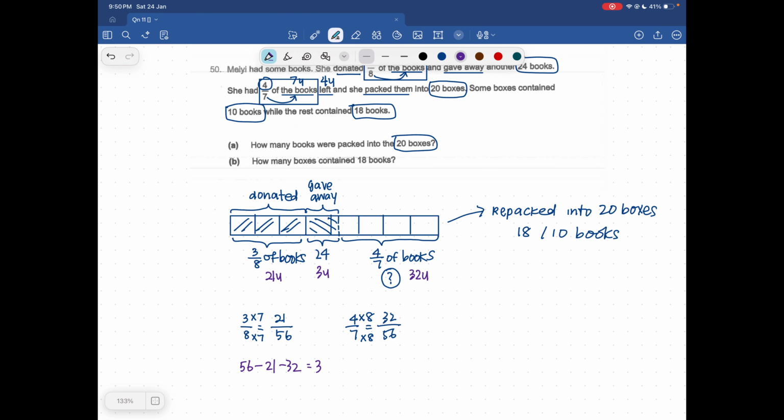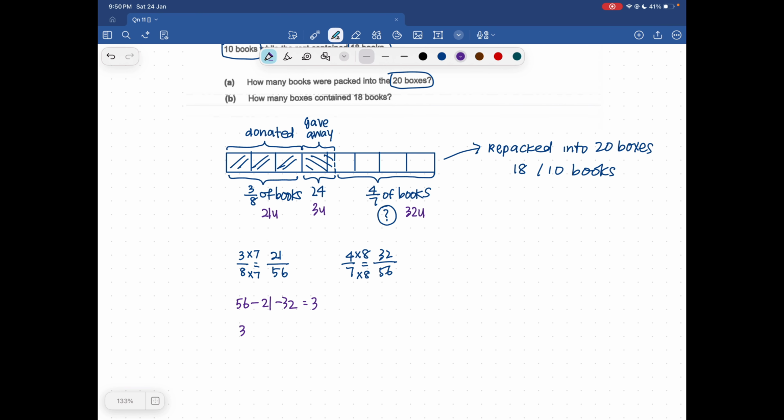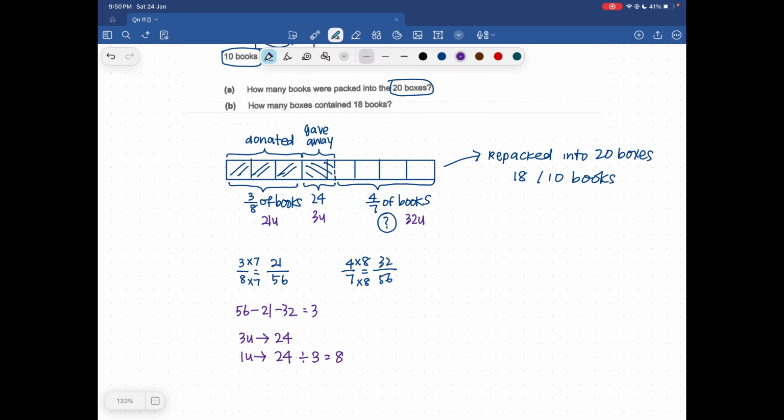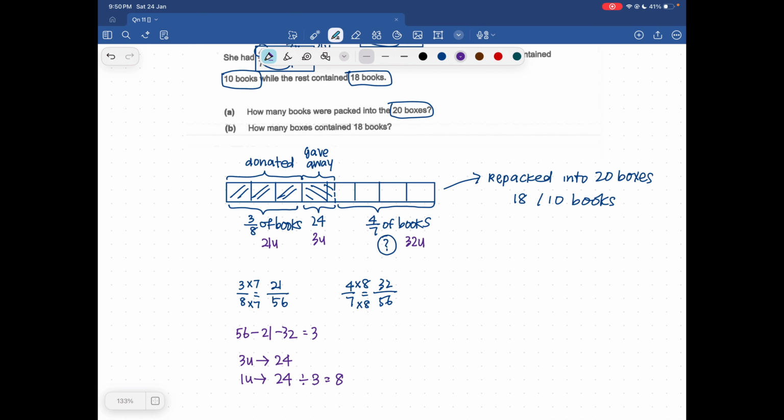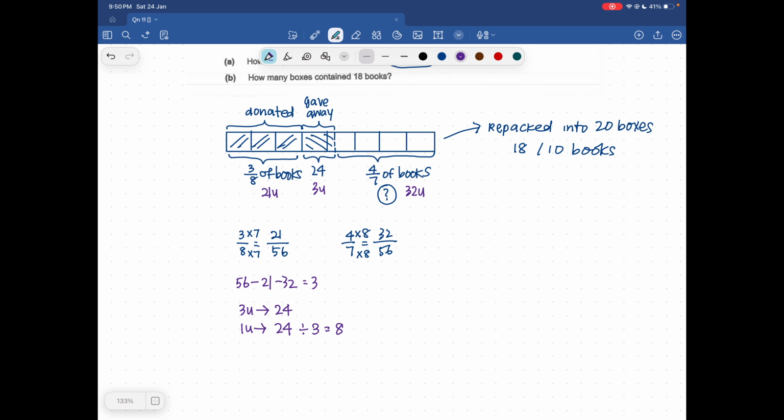So now we can write an equation. 3 units is 24, so 1 unit is 24 divided by 3, which equals 8. Now, how many books do 32 units have? It will be 8 times 32, which equals 256. So the answer for A is 256 books.